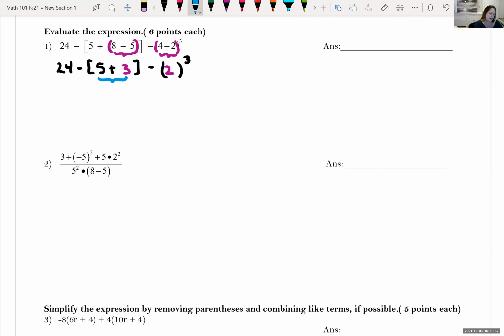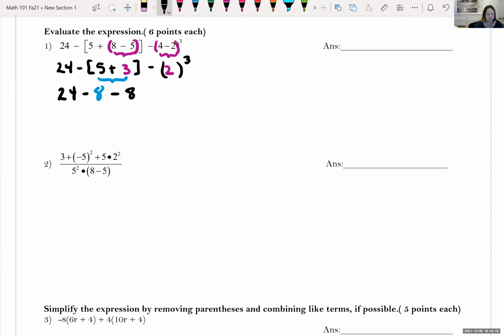So let's simplify that in there, bringing down our 24. We have 24 minus 5 plus 3. So 5 plus 3, which is 8, minus 2 quantity cubed. Well, 2 times 2 times 2, that is also 8.